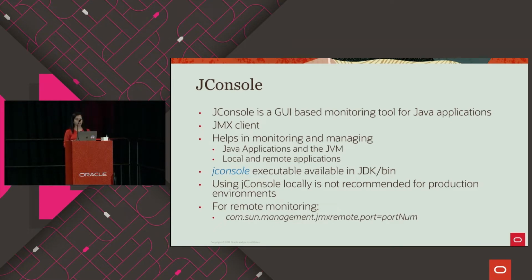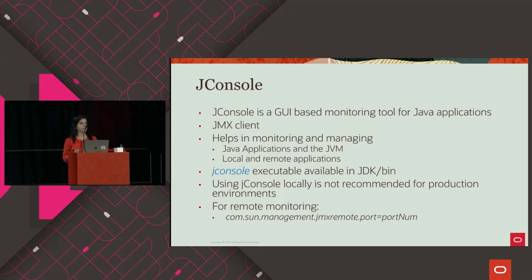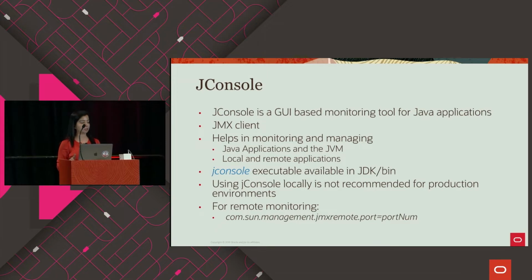There is an executable JConsole available in JDK bin which can be used to launch this tool, and we usually don't recommend JConsole for monitoring local processes because it itself consumes system resources and it can impact the performance of the process that you are trying to monitor.